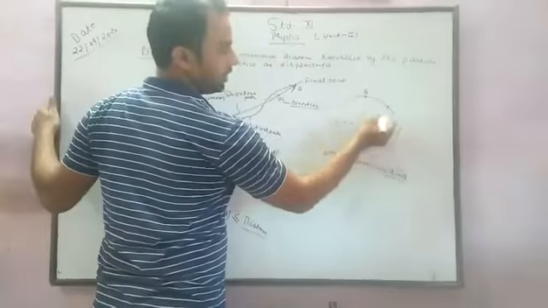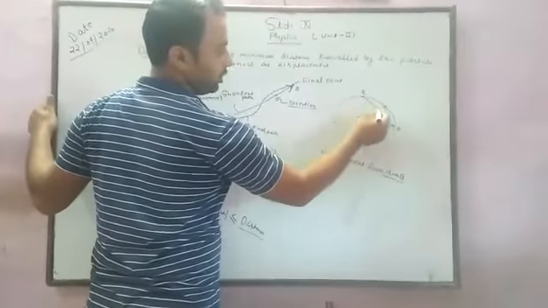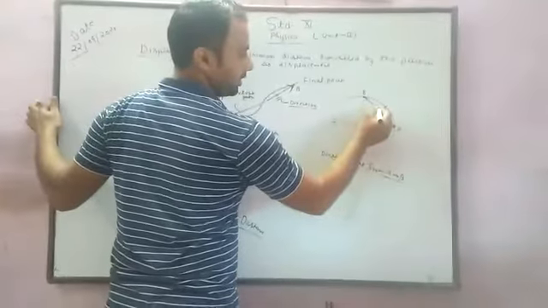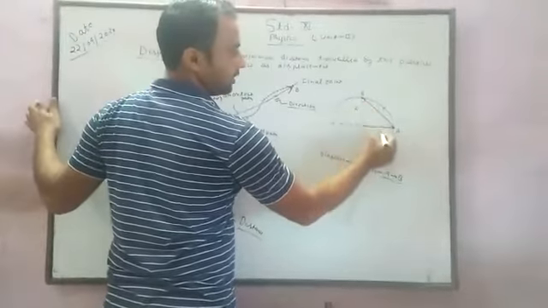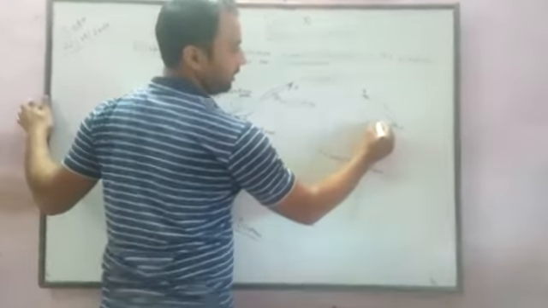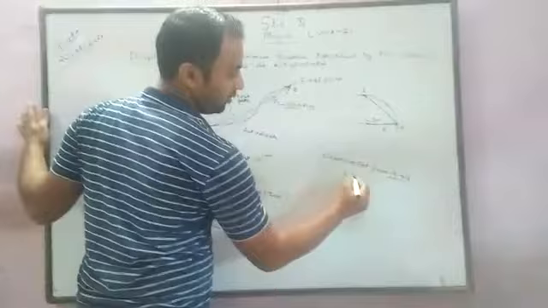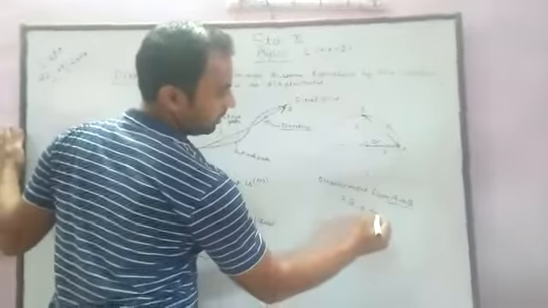Here is the initial point and here is the final point. We join those 2 points. This is r, this is r, this is 90 degree, this is r root 2. It means r root 2 is the displacement.